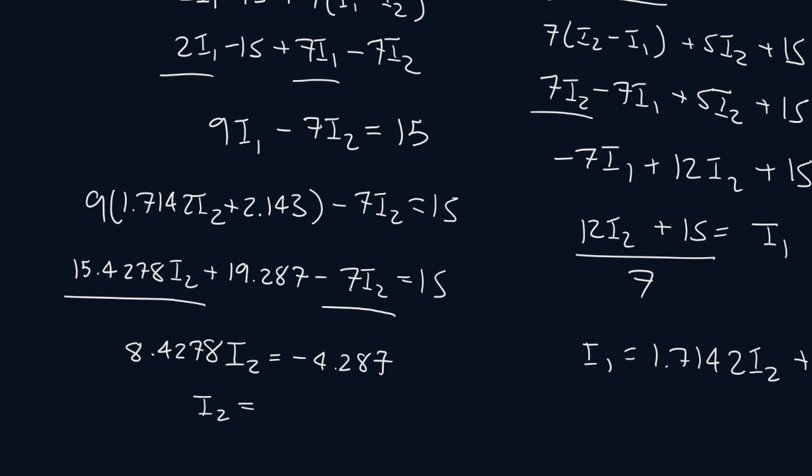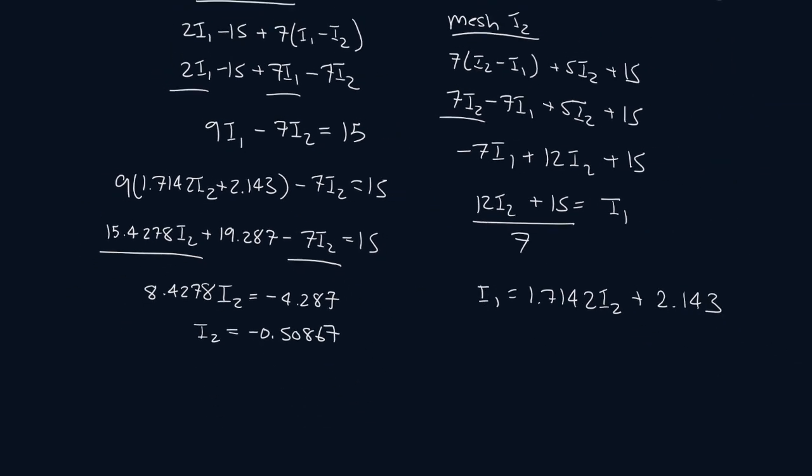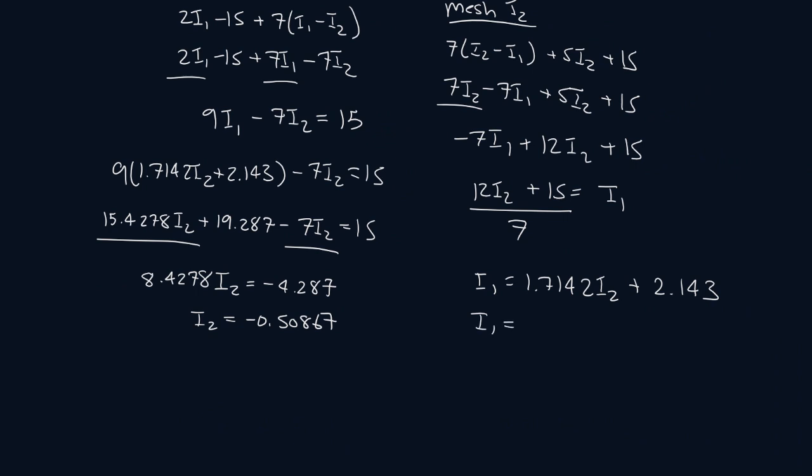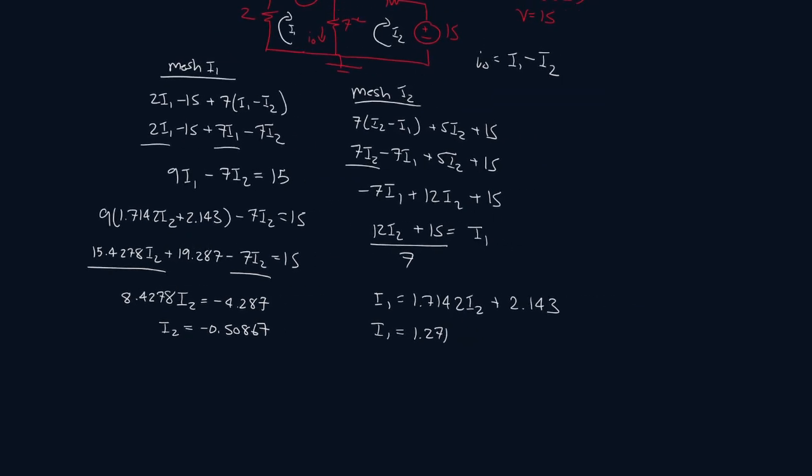I2 will be minus 0.50867. So that means I1 will be 1.271.